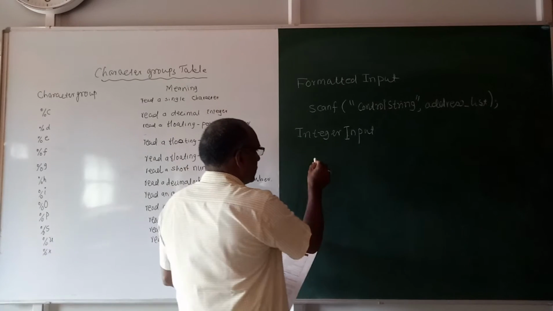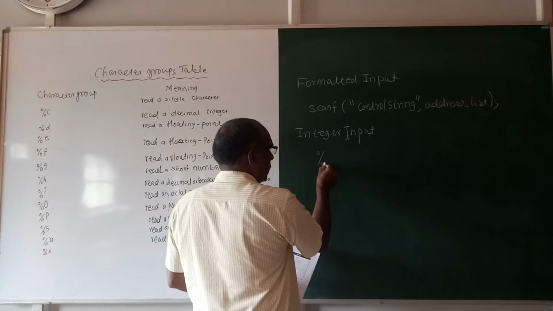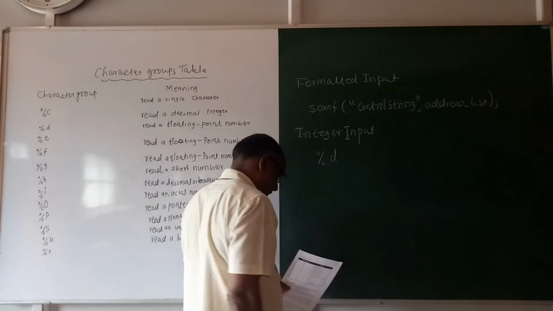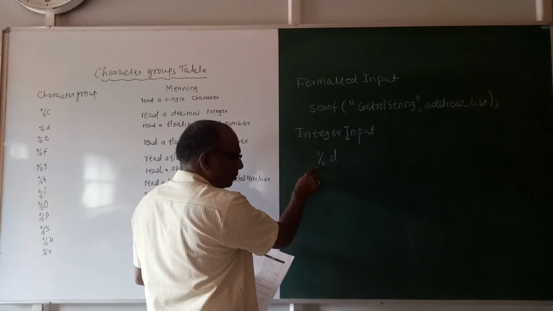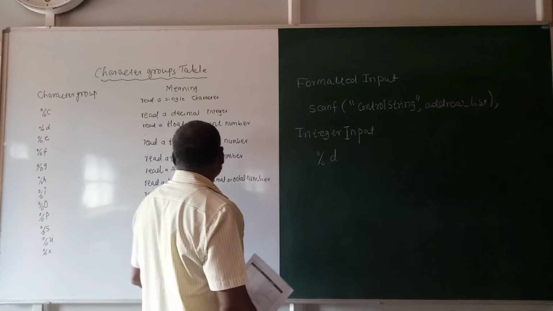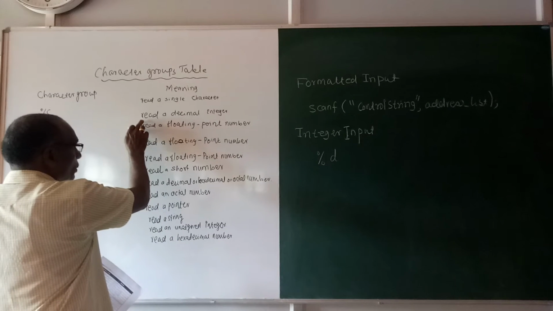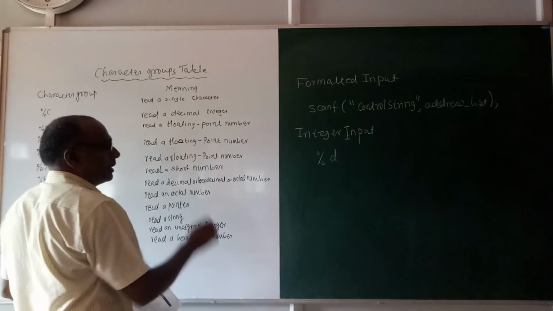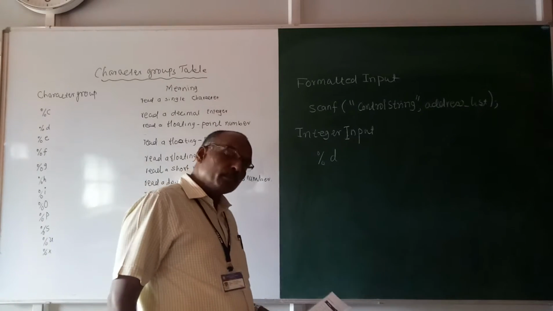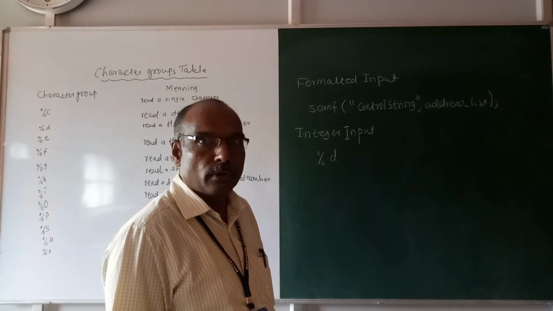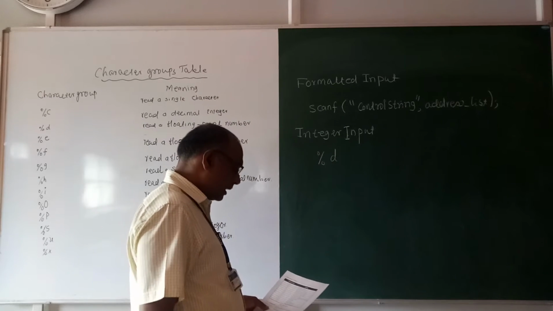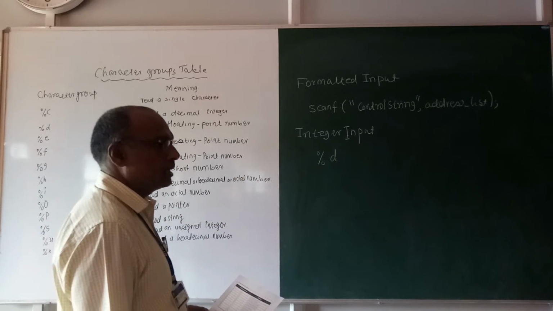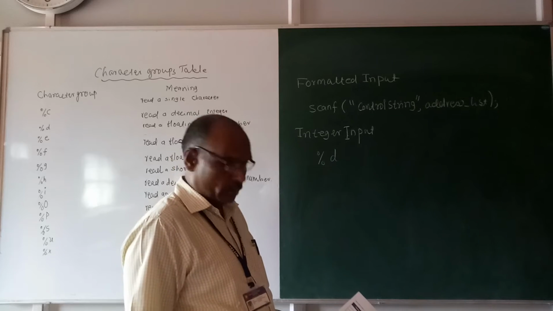I am using this percent symbol. We have to write this as a control string, and this character group, according to the table which I have shown here, is used to read the input data for a decimal integer, through the standard input device called the keyboard.